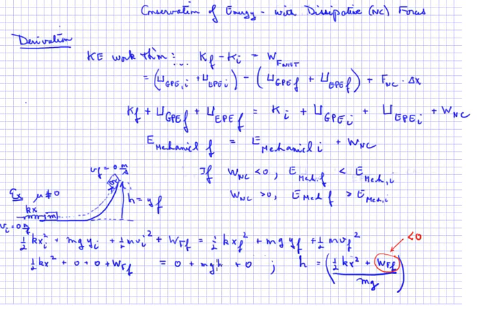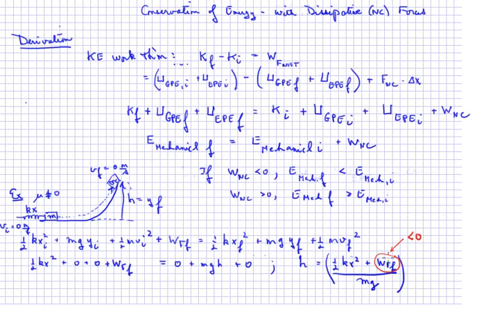That's the final energy, which is in toto the gravitational potential energy. And then you solve for h, it would be 1/2 kx squared plus the work done by the frictional force, divided by mg.